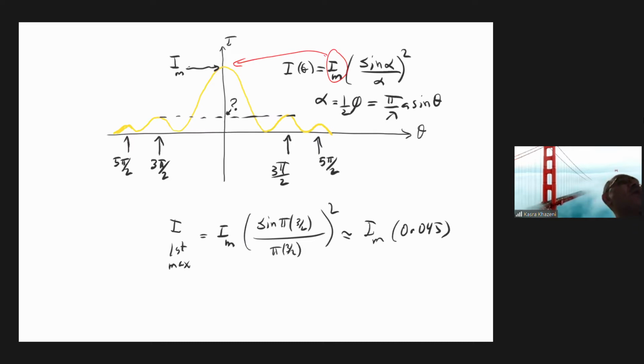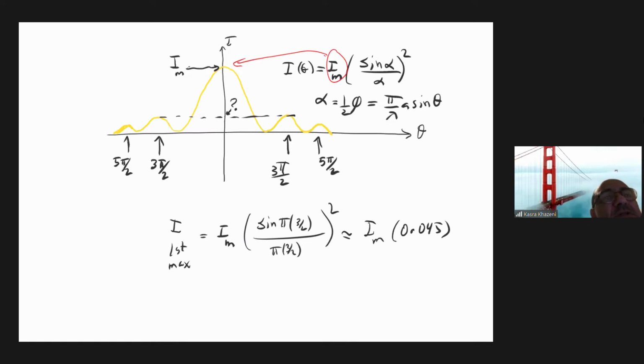You can see it's only 4.5% of the maximum at the center, which is a huge reduction. It's extremely small.